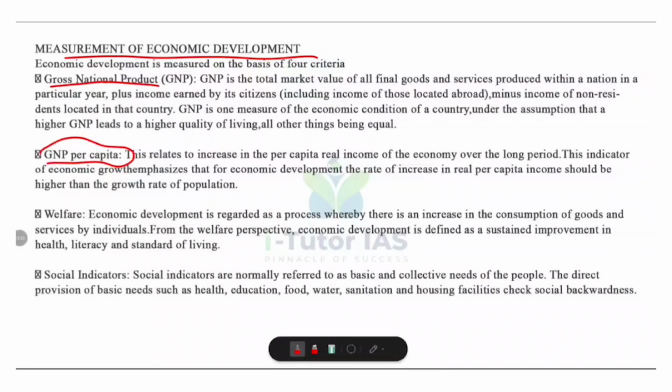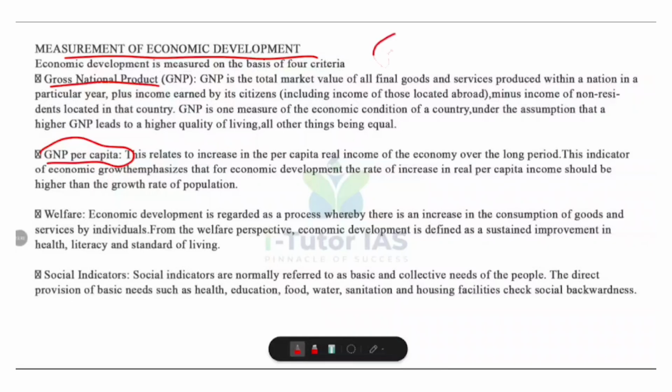So GNP represents the total market value of all final goods and services produced by, note the point, residents of a country in a specific year. And this includes income earned by citizens within the country plus income earned by citizens living abroad minus income earned by foreigners working inside the country.